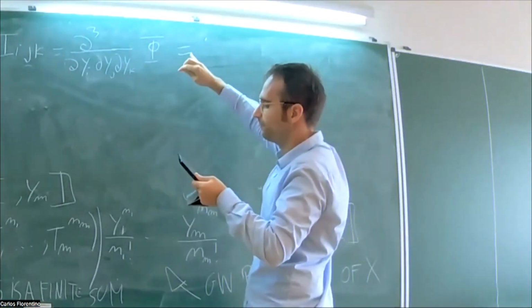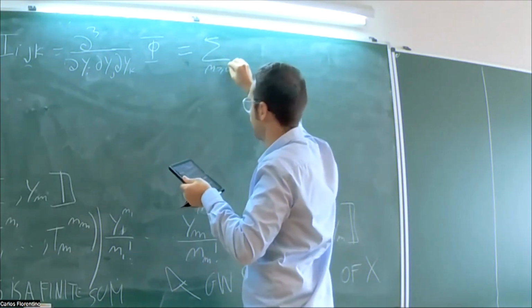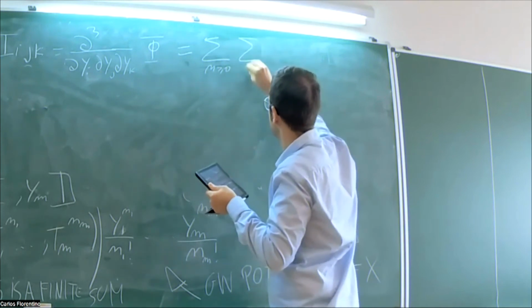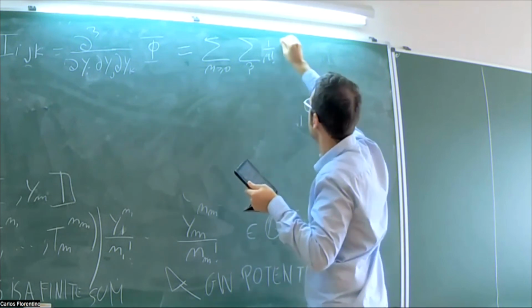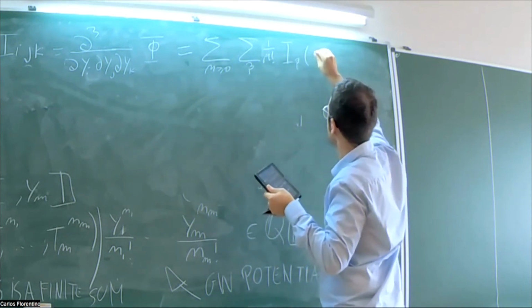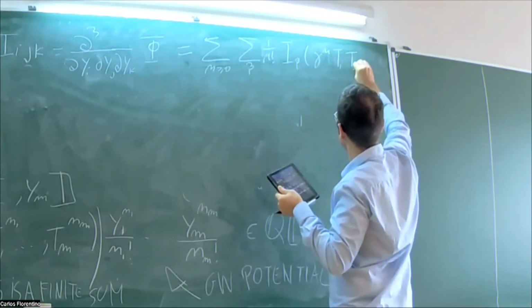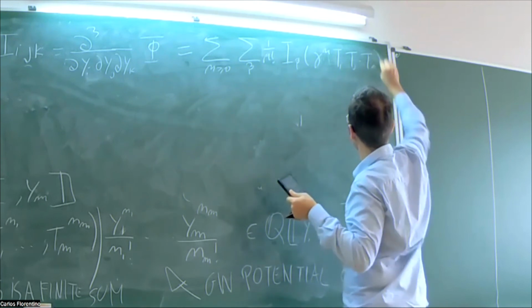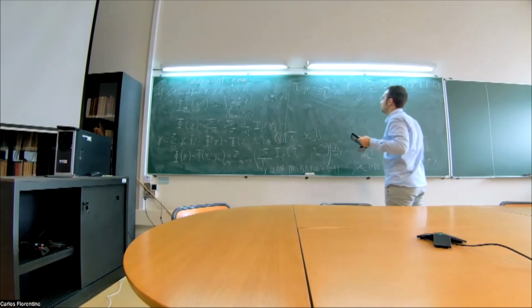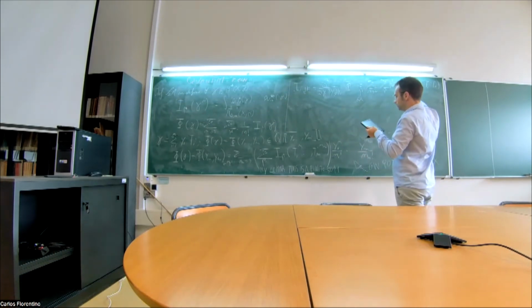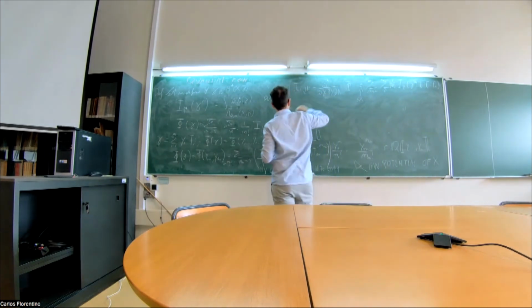Exercise: convince yourself that this is equal to this. But we don't need this exercise now. So we just need this derivative.